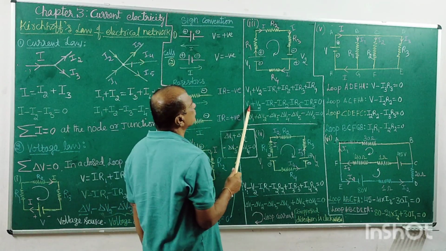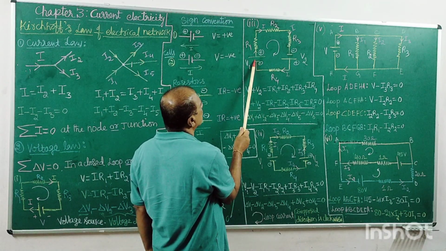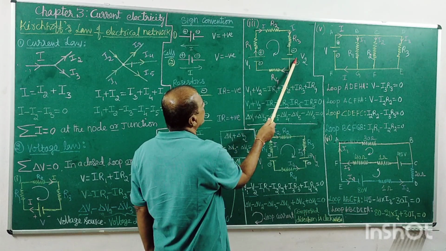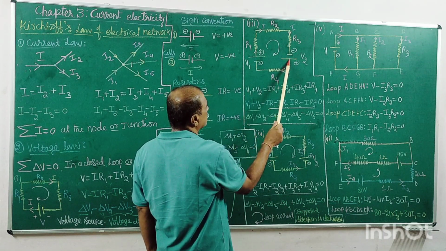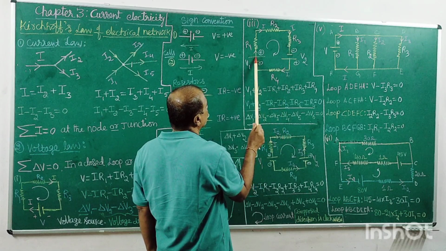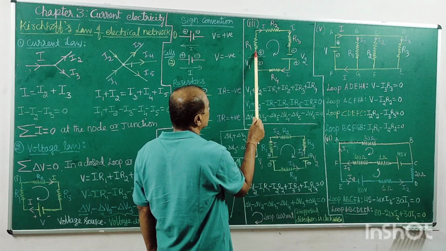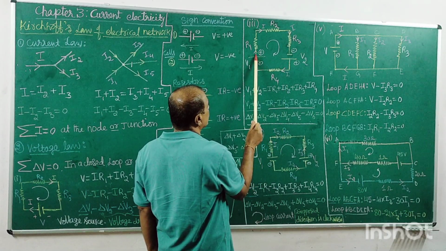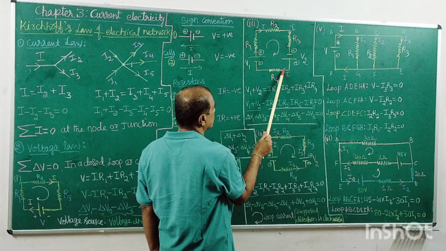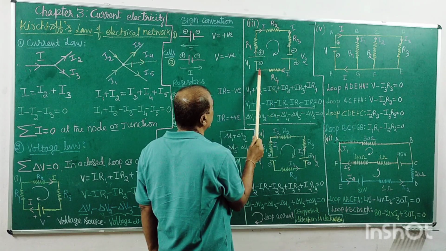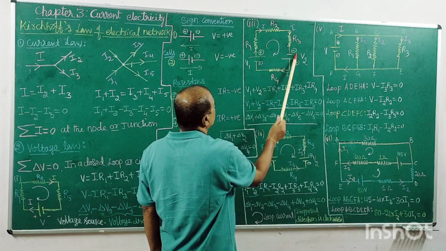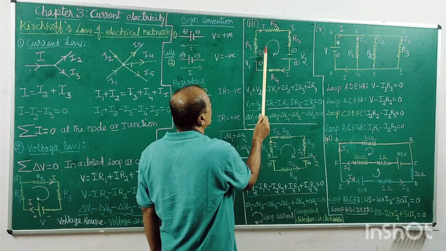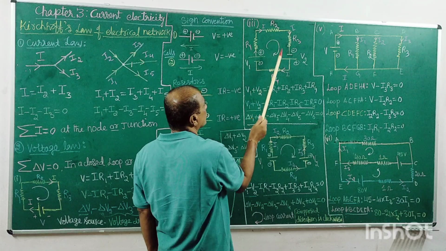Look at this, V1, V2. Current direction is important. Current is always from here to here, flowing from positive in this direction. So in this circuit, both directions are the same. Therefore, the overall direction is clockwise. It is called the loop current direction.